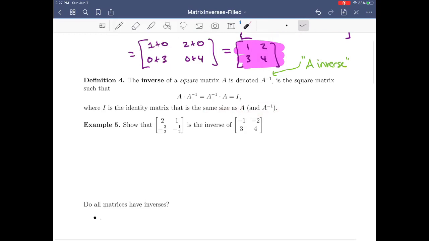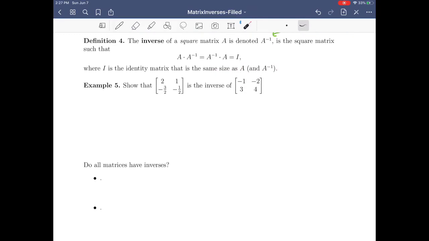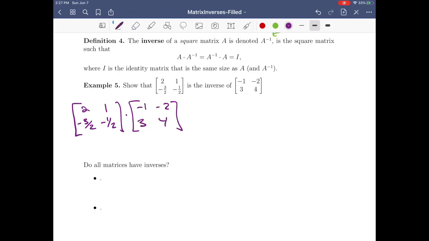Let's verify that these two matrices here are inverses of each other. If we wanted to verify that, what I want to do is multiply them together to see if I get the identity matrix. Technically, I should do it on both sides, but it's going to be the same.